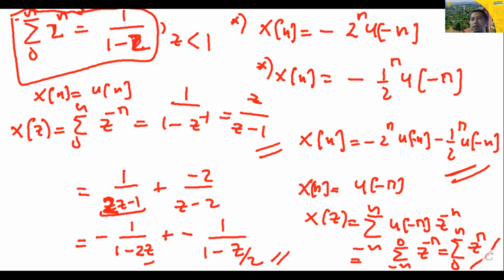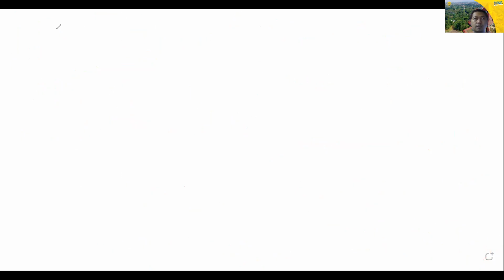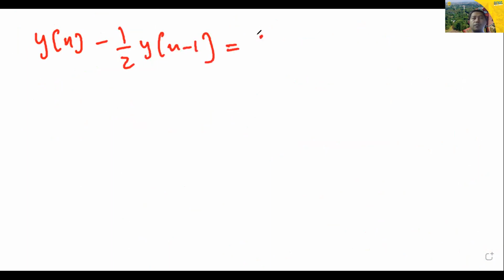So for the last part, we will use the z transform for a difference equation. Actually, last time we already did, right? Let's say y n minus half y n minus 1 equals delta n.